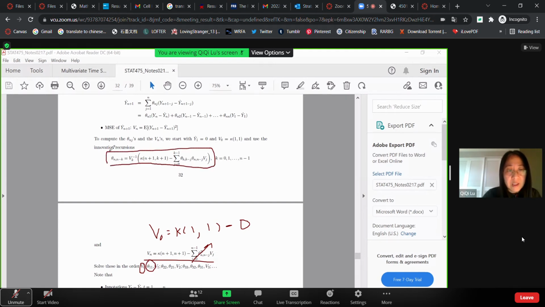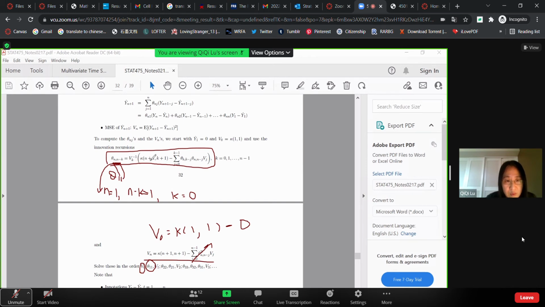Theta 11 means, from the subscript, n equals 1 and n minus k equals 1, so k equals 0. Then we plug n equals 1, k equals 0 into this formula right here.